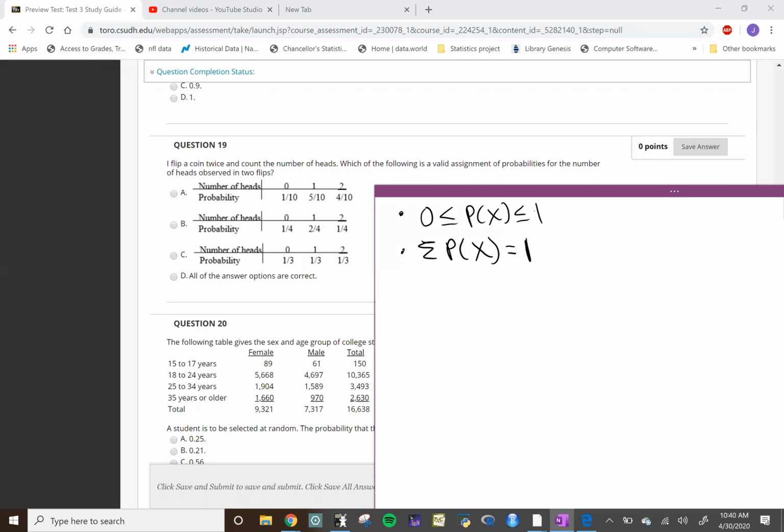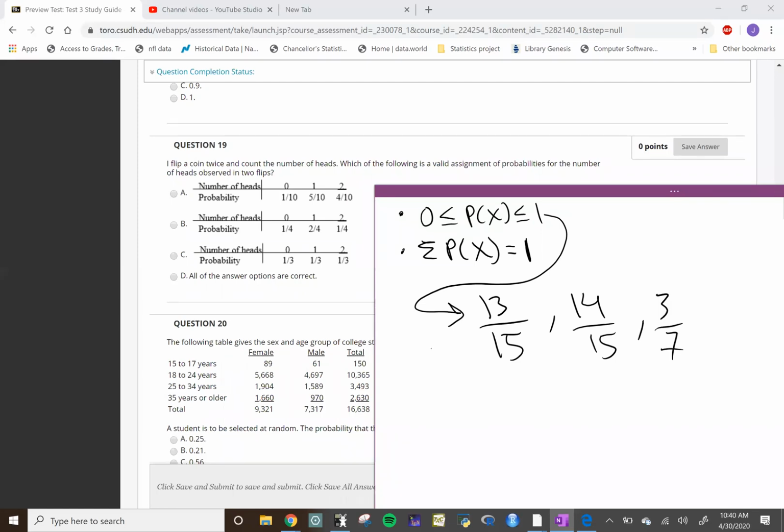All right. So for this condition over here, if you're dealing with fractions, you pretty much just want the top number to be smaller than the bottom number. So we want to find values that look something like this. If you get something that looks like this, then it doesn't pass that test.